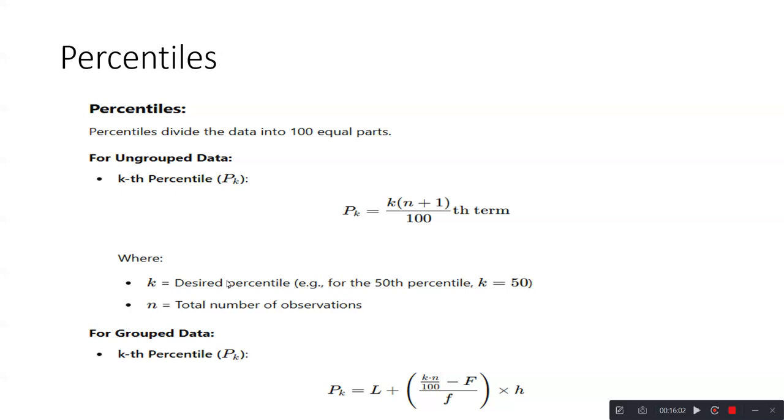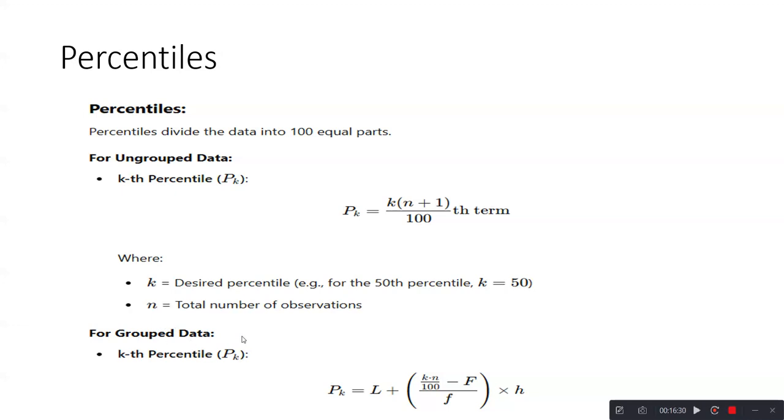We are saying k is the desired percentile. So if, for example, you want the 50th percentile, P50 will equal 50 divided by 100 times n plus 1. That is if n is odd, plus 1. If it is even, you don't need to add that 1.